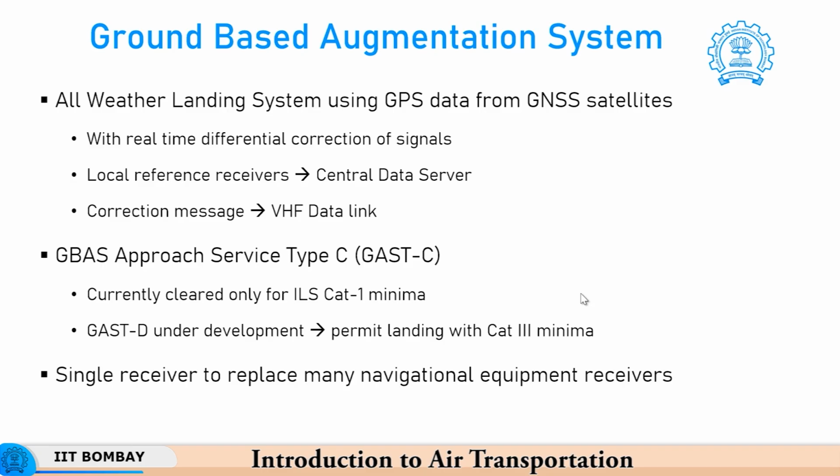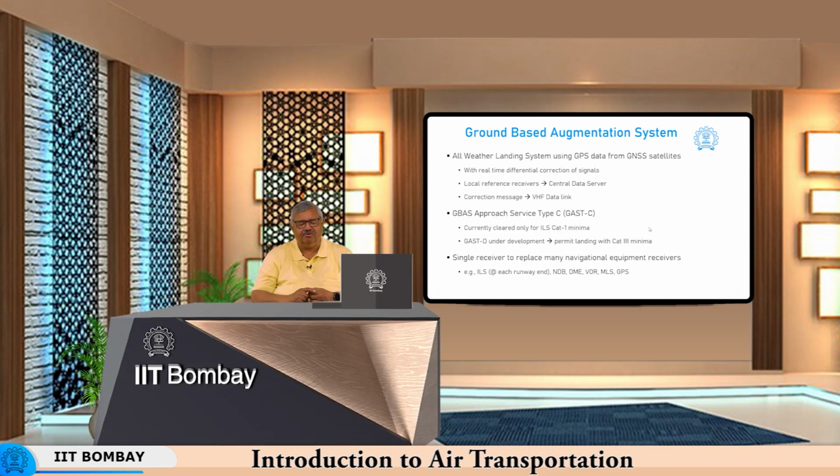And in the future there is a movement towards consolidation, so that a single ground based augmentation receiver, it can replace many navigational equipment such as the ones listed here. If you have an ILS, you have to put on each runway. You can use NDB VOR, you could use the microwave landing system, or you could use the GPS.